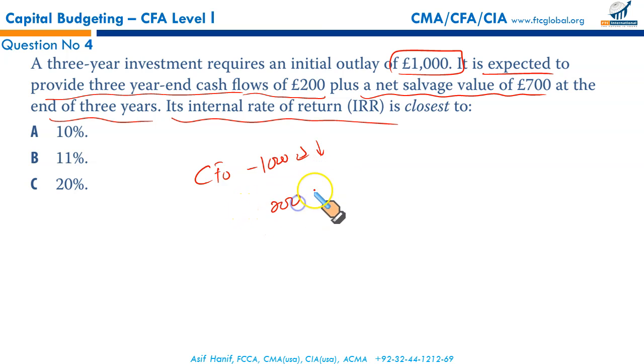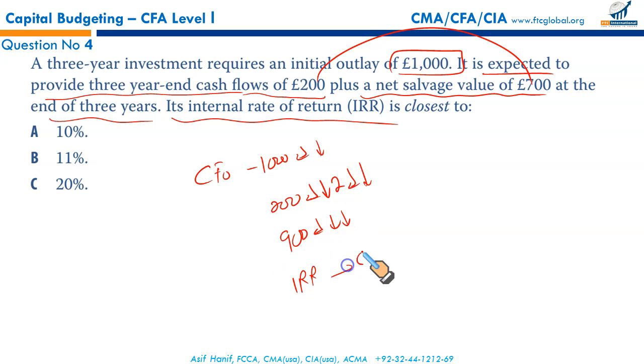Next, 200, enter, down arrow key. Since there are 3 such cash flows of 200, I would recommend to write frequency 2, and the third year 200 must be added with this 700 disposal proceeds, giving you a total of 900 at the end of year 3. So once you enter all these, press IRR, press CPT, and you will get your answer.